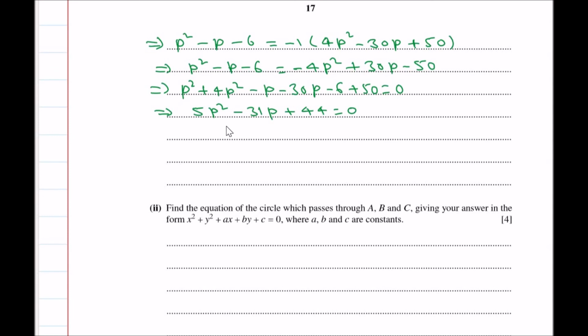Now we have to factorize this. Either you can use the factorization method or you can use the quadratic formula. If I factorize this, I get 5p minus 11 into p minus 4.